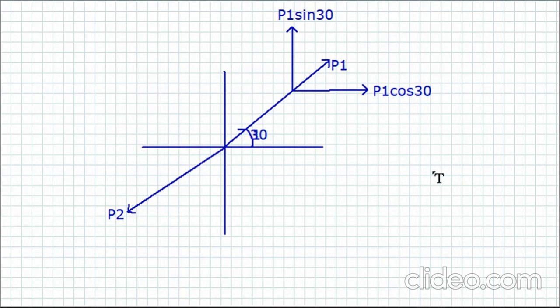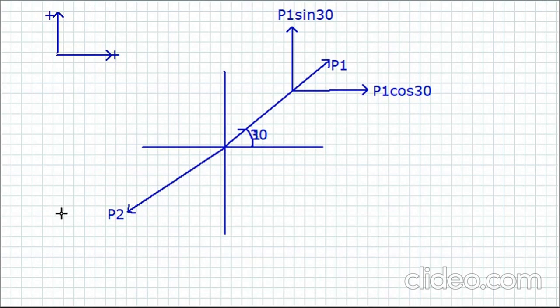One more thing: in the positive direction of the x-axis we are considering positive signs, and in the positive direction of the y-axis we are considering positive y. Therefore, as both of these are along the positive axes, this will be positive, and this will again be positive.